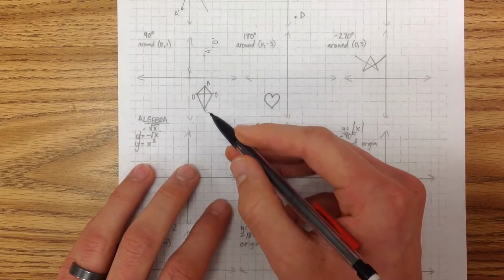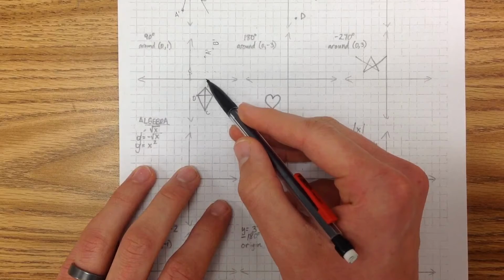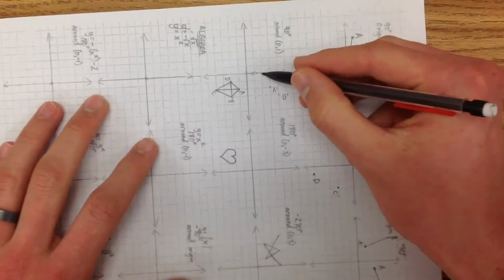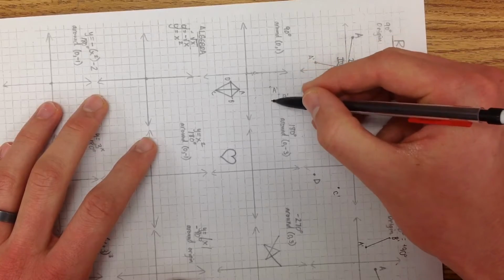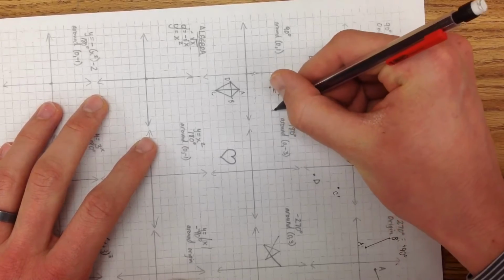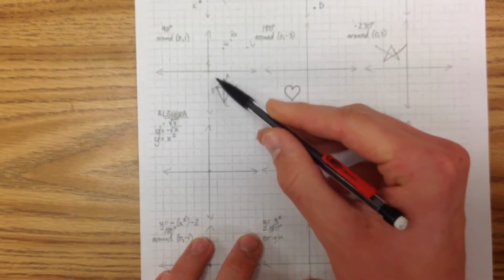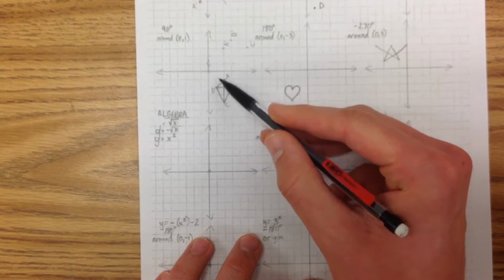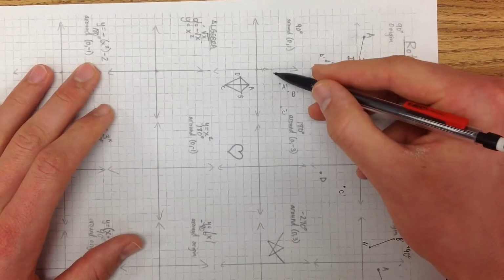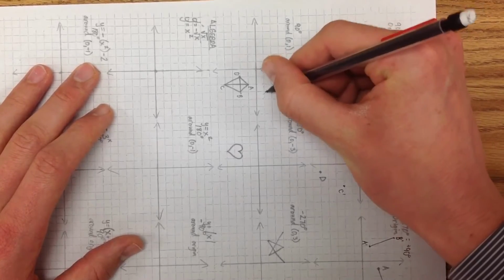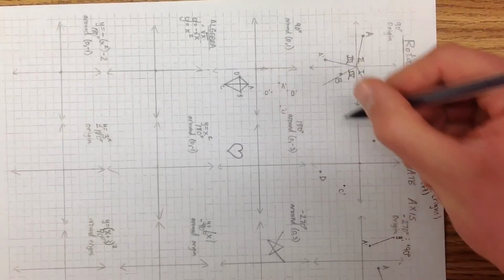Do the same for C. Right 2, down 5. 1, 2, 1, 2, 3, 4, 5. And D, I know this is going to be right 1, down 1, 2, 3. Okay.